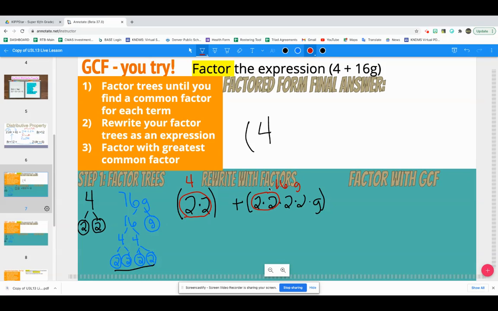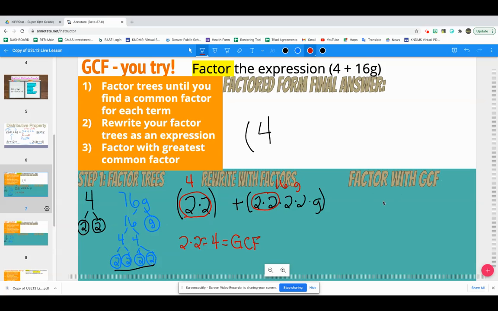They both have two 2's that I can circle. So they both share these factors. All I want to do now is, well, what is my greatest common factor? Well, I circled it here. I know that 2 times 2 equals 4. This 4 right there is my greatest common factor.